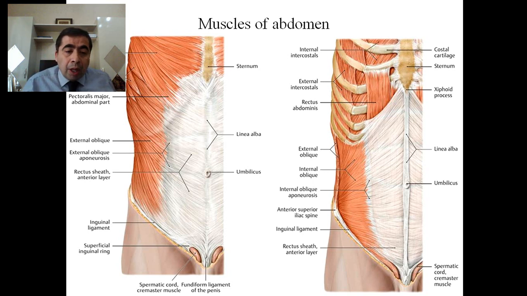And you have to know, below the line which connects the umbilical ring and the anterior superior iliac spine, we don't have the muscular part of the external oblique, and the surgeon who cuts the abdominal wall below this line will firstly meet not the external oblique but the internal oblique, because just below this line we have only the aponeurotic part of the external oblique muscle.